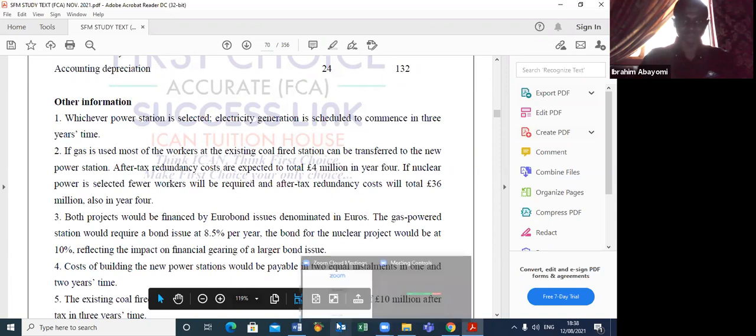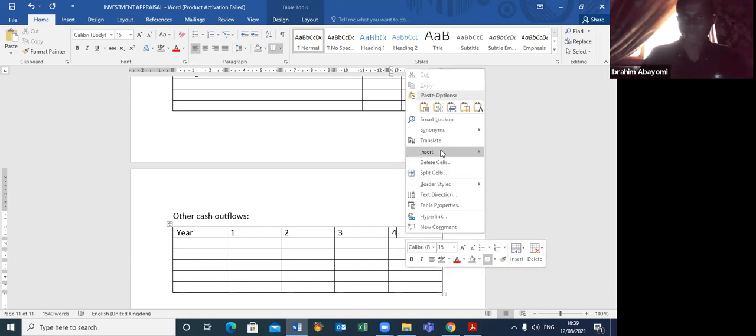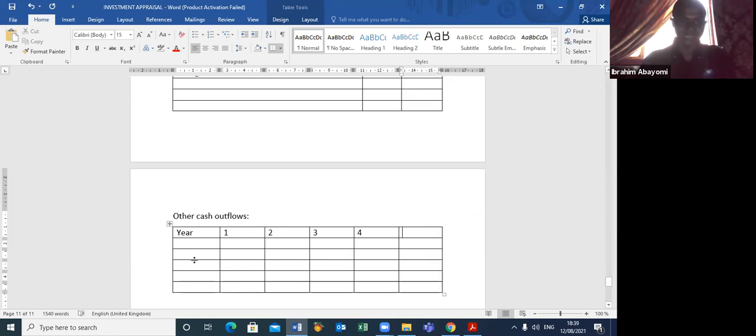Okay, let's do it this way. Let me have year 1, year 2, year 3, year 4. We're going to be needing one more, if not more than that, to the right. When we get there, we pick. So we have redundancy cost.